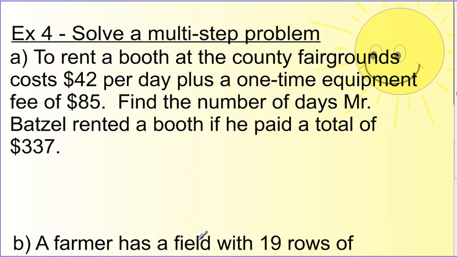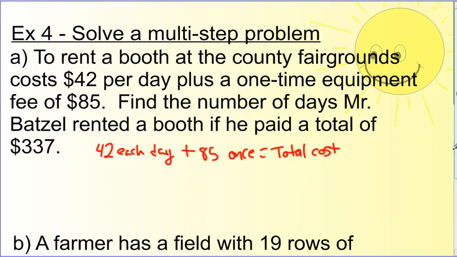Well, first off, let's figure out what this guy has to pay for. He has to pay $42 each day, plus he has to pay this equipment fee of $85 once. And that together would be his total cost.